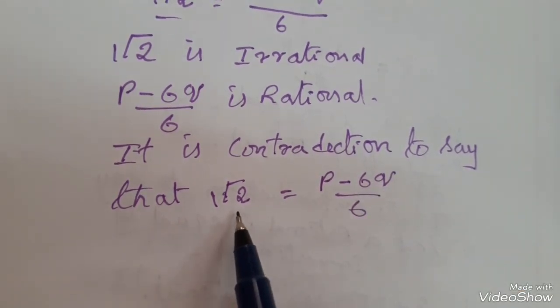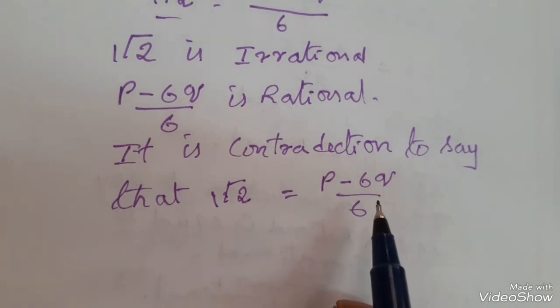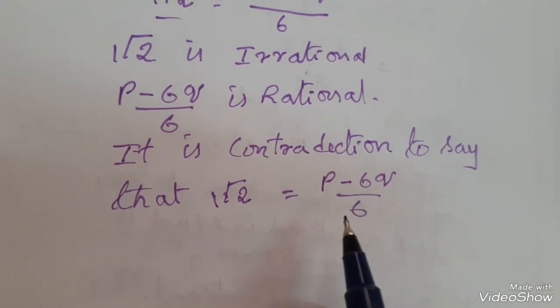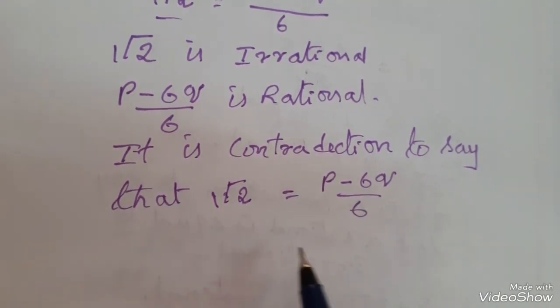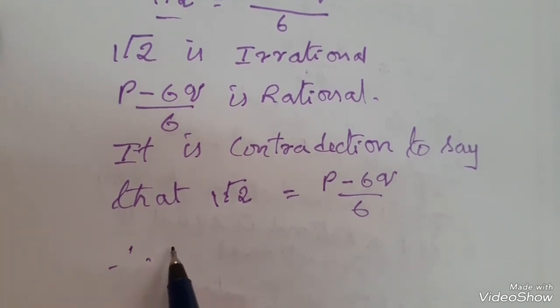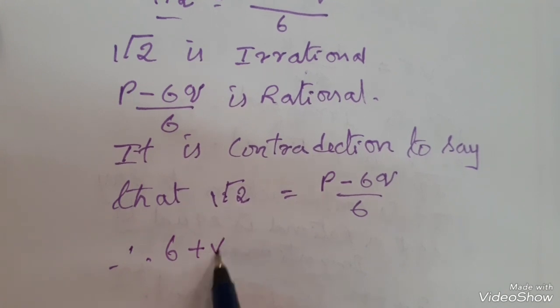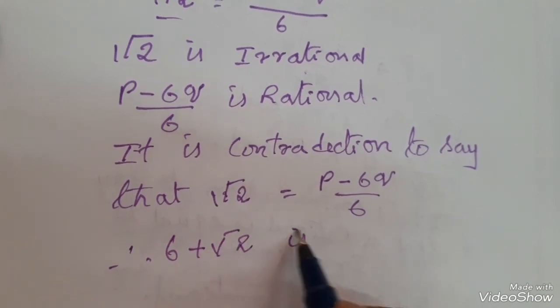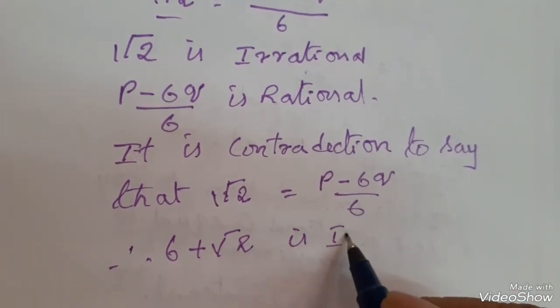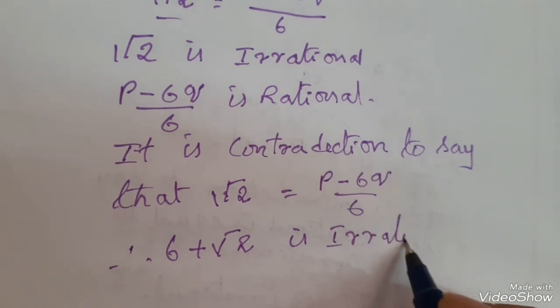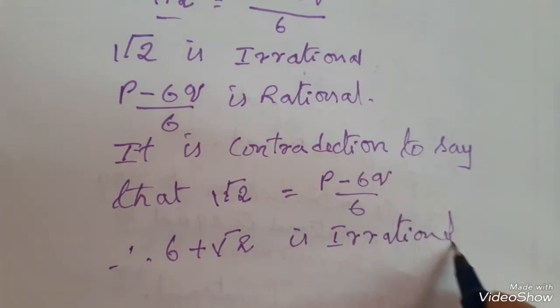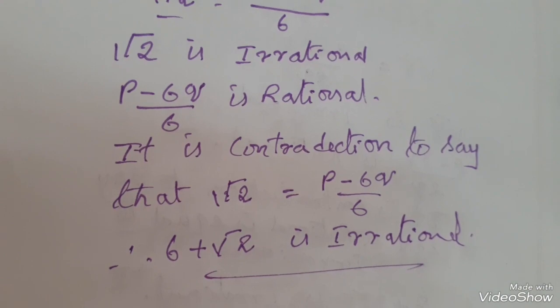This is irrational and this is rational. They are never equal. So it is a contradiction to say equal. Therefore, we can say 6 plus root 2 is irrational. This is the only true statement.